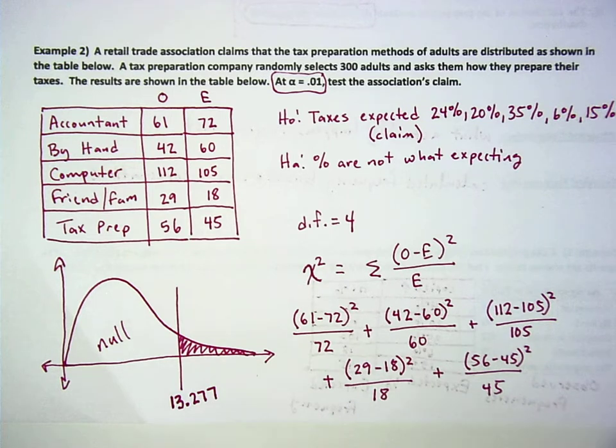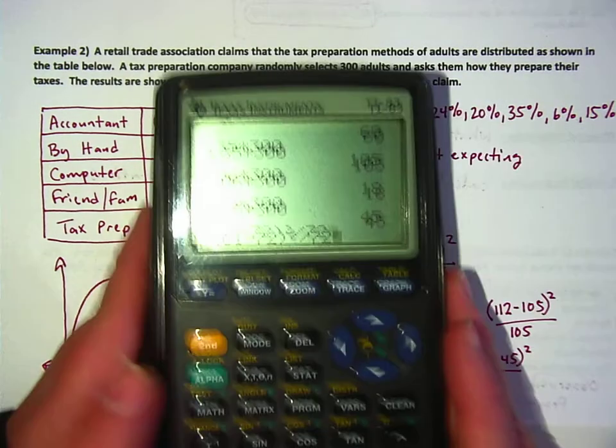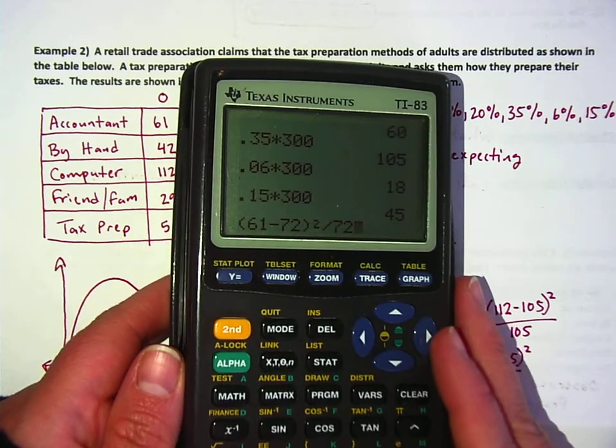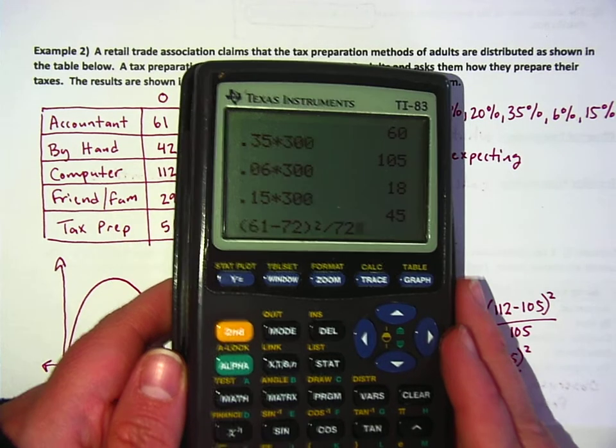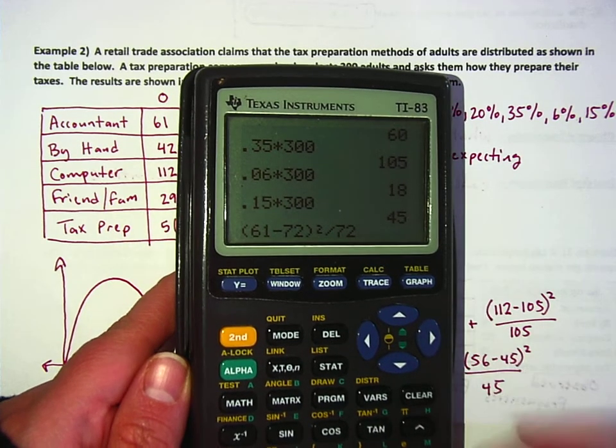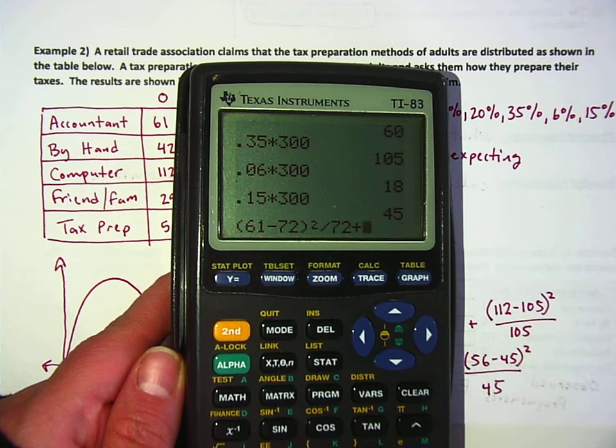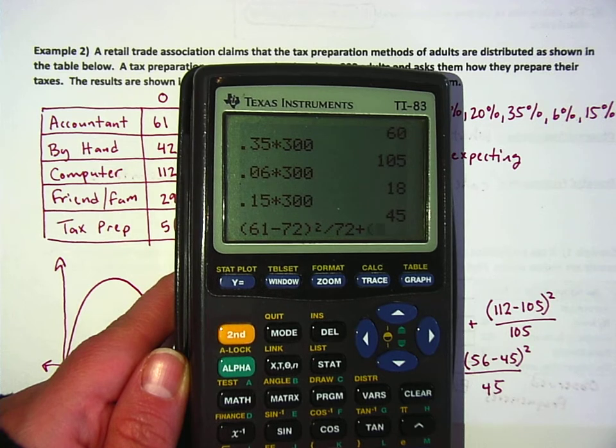So you just type in parentheses, 61. Yep, so here's how mine's gonna look. Parentheses 61 minus 72, parentheses squared divided by 72. And then I'm gonna hit add and put the next one in right away. I'm not gonna write down all 5 of them separately.